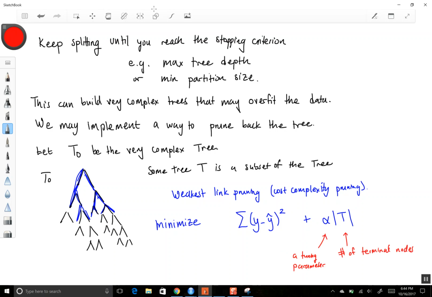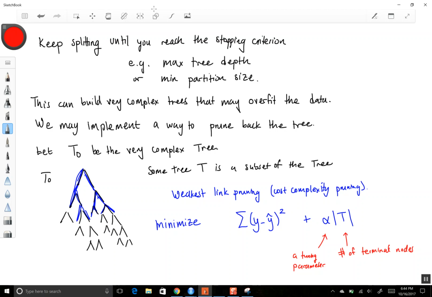So we're still minimizing RSS, but it's not just RSS as the sole deciding factor. It's RSS plus a penalty for having a tree that is unnecessarily complex.